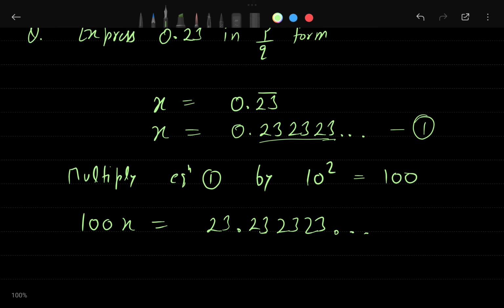Earlier I repeated it 3 times, here also I will repeat 3 times. Otherwise if you repeat only 2 times, in the next step your answer will be incorrect. So take care of this, otherwise you will make a mistake.